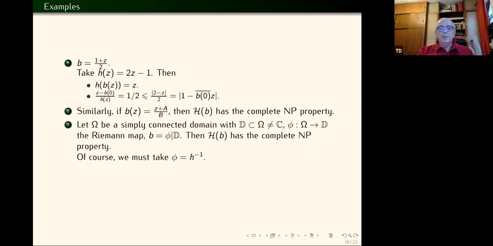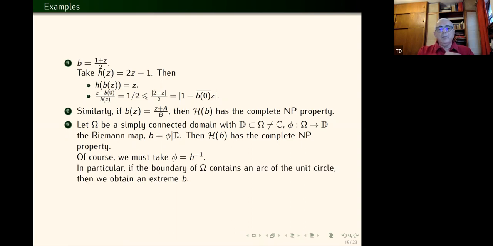If you take a simply connected domain larger than the disk, and phi is the Riemann mapping from this domain to D, and B is its restriction to D, which of course is in the unit ball of H infinity, then H of B has the complete Nevanlinna-Pick property. Now, it is quite clear that we will take h to be phi to the minus 1, because it has to be a left inverse.